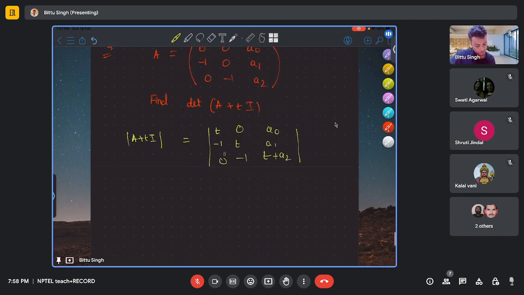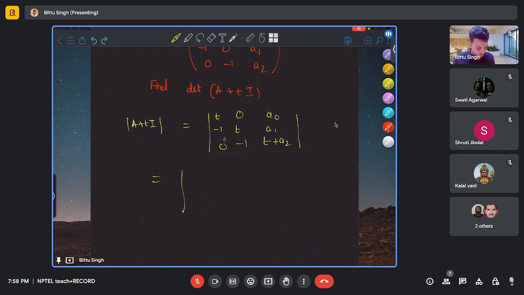Now what you can do, you can perform row operations such that the determinant remains the same. For example, let us remove this minus 1.